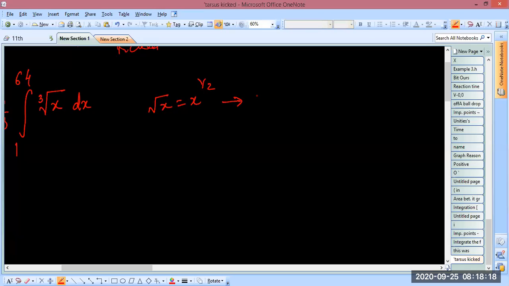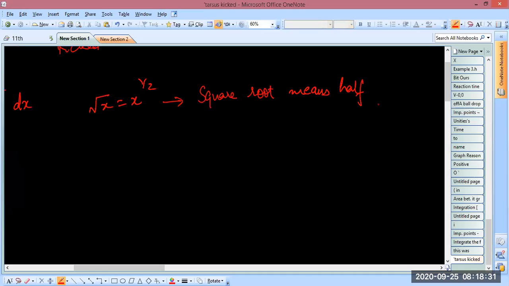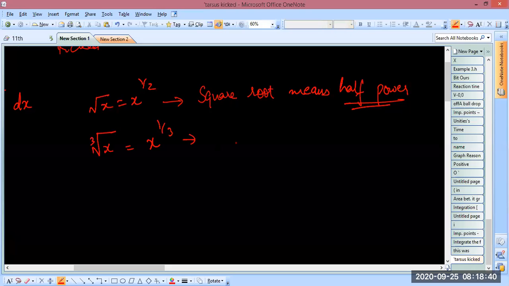Root x is x raised to half. So basically I'm saying that square root means half power. Square root means half power. All right. And similarly, cube root means 1/3 power.